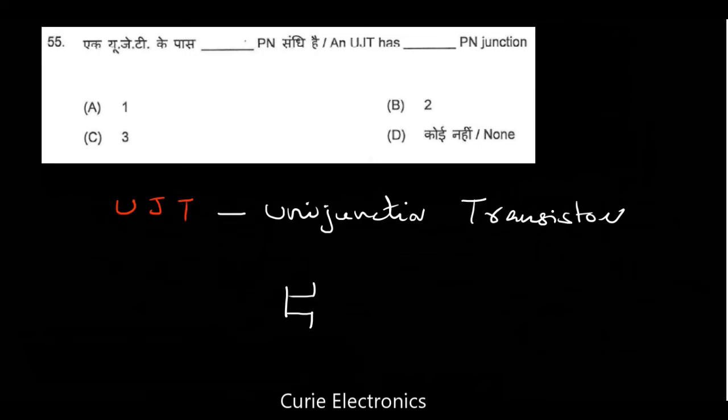Uni-junction transistor, UJT. It has got only one junction. Uni-junction transistor, from name itself you can identify. It has got only one junction.